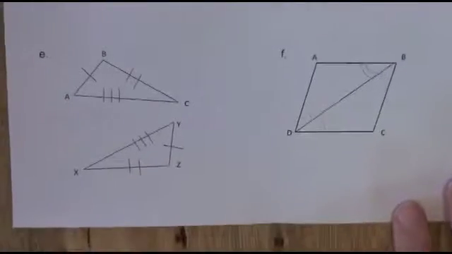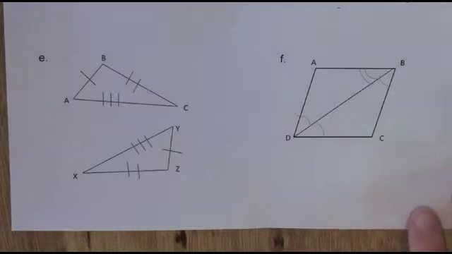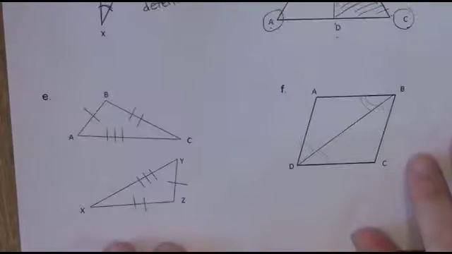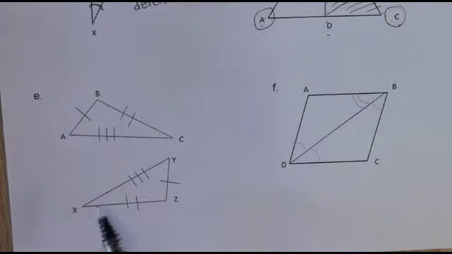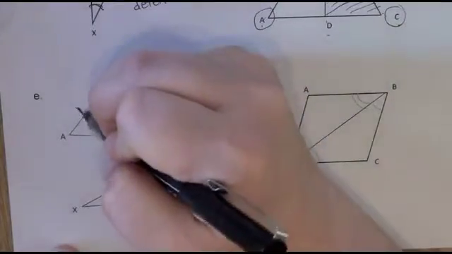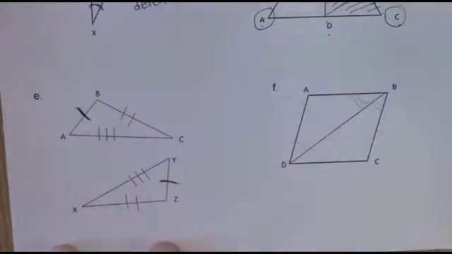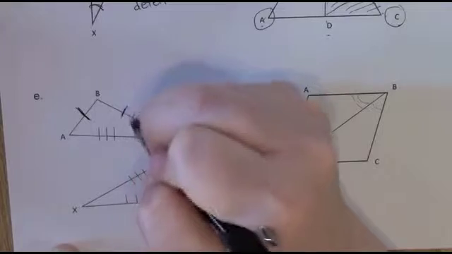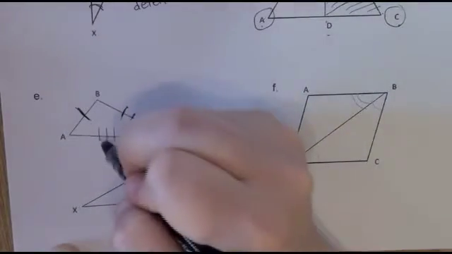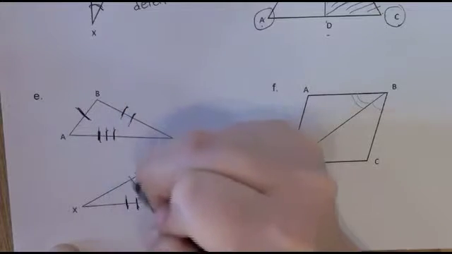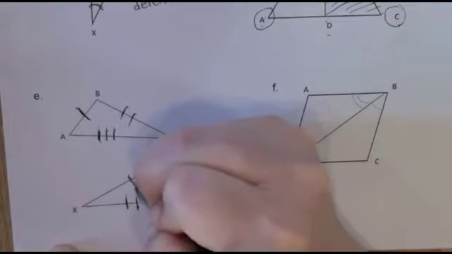Now we have two more, because there are 5 rules. So let's look at this one, E. Triangle ABC, triangle XYZ, and this should be a fairly straightforward picture when you look at it. We have 2 sides with 1 tick mark each, 2 sides with 2 tick marks, and 2 sides with 3 tick marks.